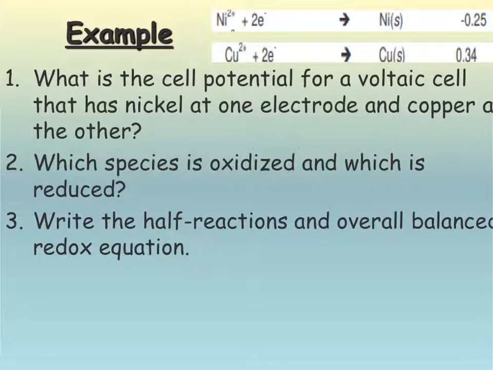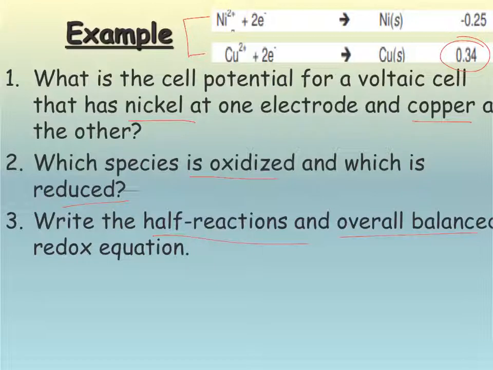Example 1 wants to know the cell potential for a voltaic cell of nickel and copper. It wants the oxidized and reduced species and the half reactions and overall balanced redox equation. I pulled the reduction potential equations and values out of the chart that you're given in this unit's packet. Looking at these values, the most positive one is going to be our reduction.